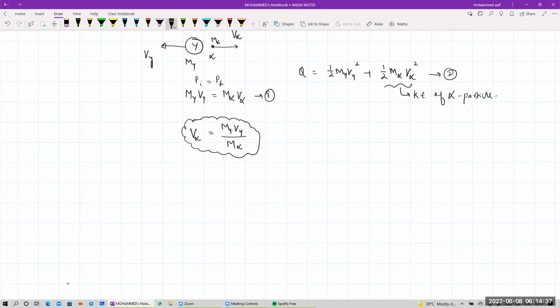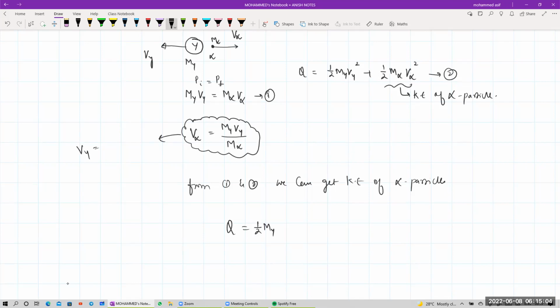Yes, sir. From equations 1 and 2, we can get the kinetic energy of the alpha particle. So this Q will be equal to half into the mass of Y into, can I write the value of Vy from this one, beta?